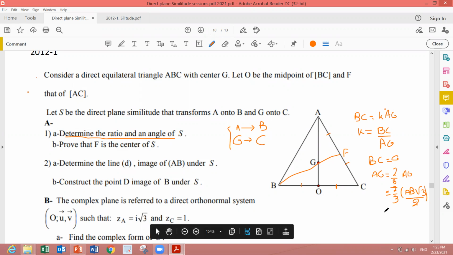How much will we get? AG equals a radical 3 over 3.